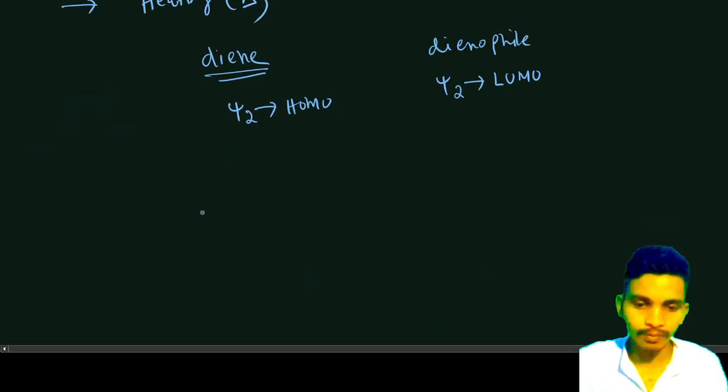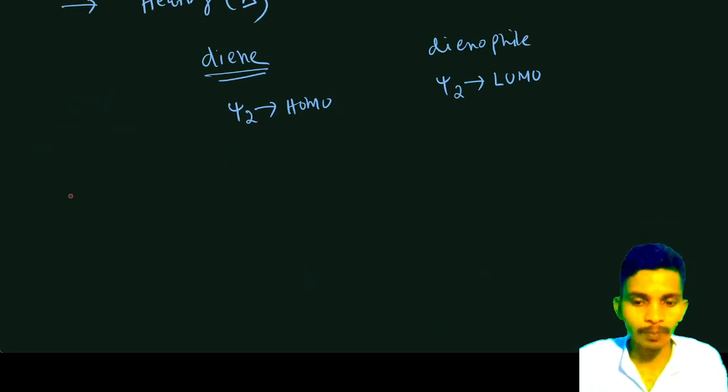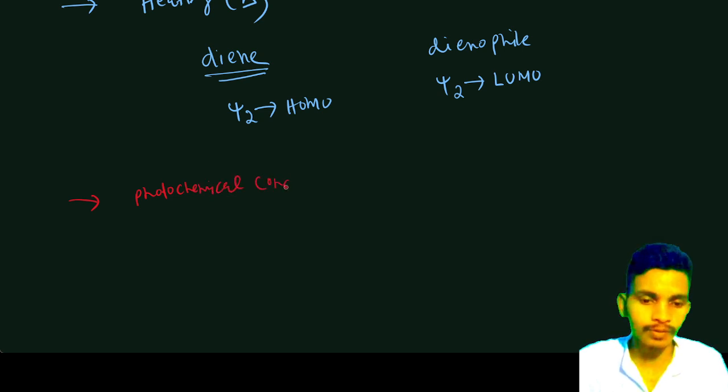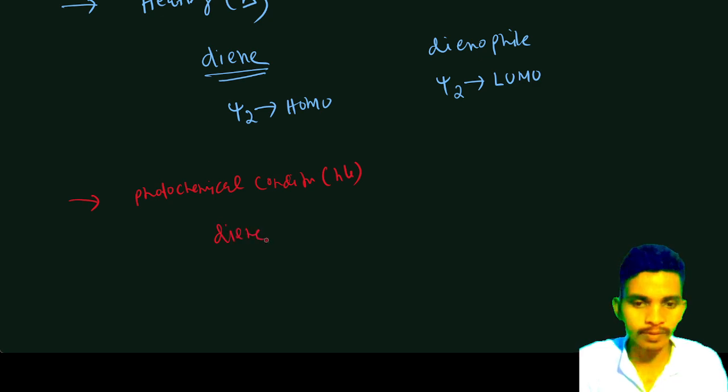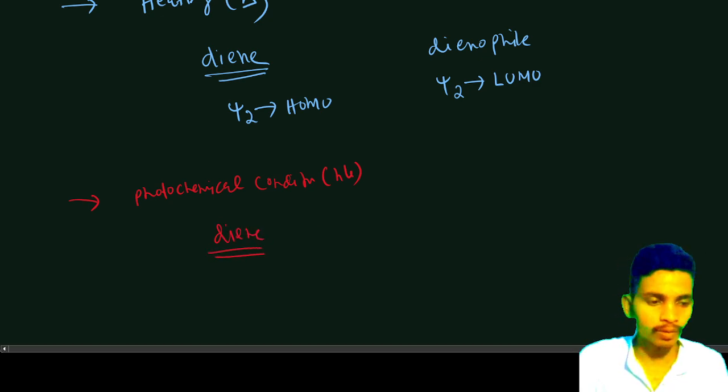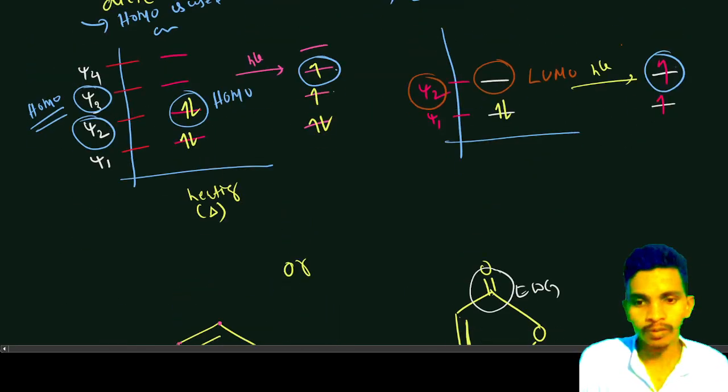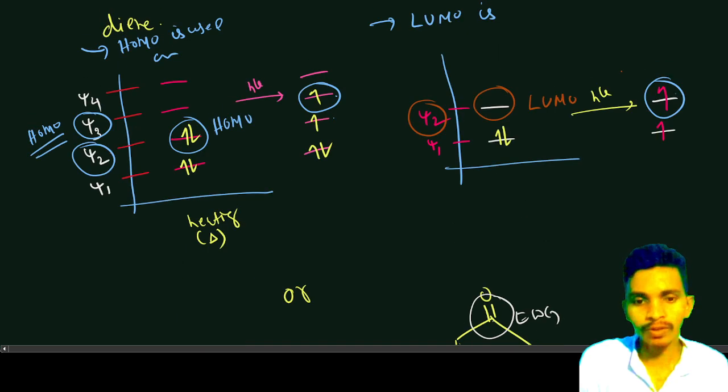And now if I give photochemical conditions, h nu, for the diene, we see that on photochemical conditions psi 3 is the HOMO.